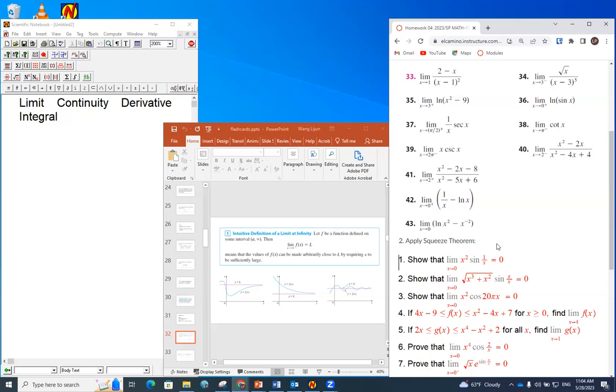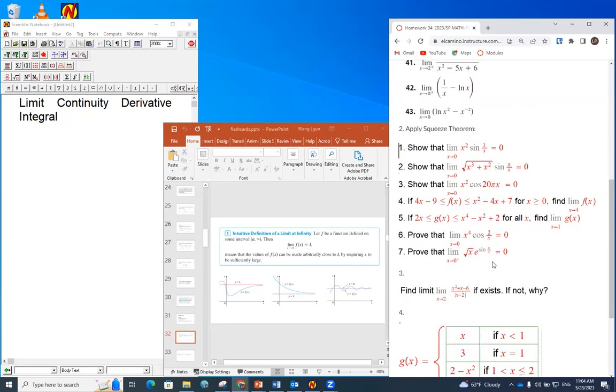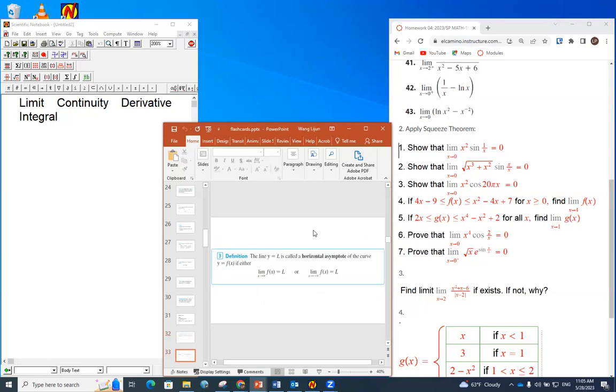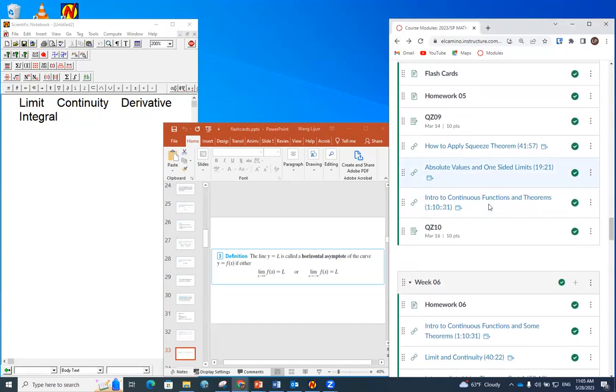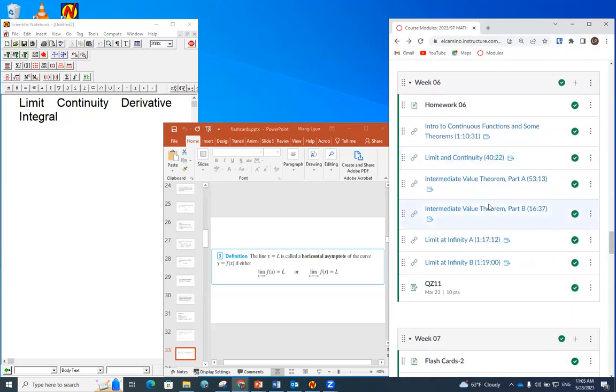Okay, to realize what the homework requires you to do, of course, it requires certain algebra. In a lot of cases it requires a lot of algebra, but always be mindful of the new things you learned in the course. Okay, so that's about limit and continuity, and the intermediate value theorem.